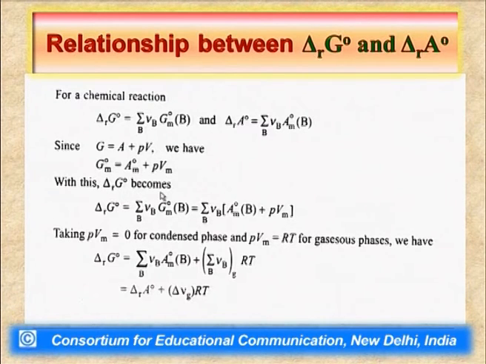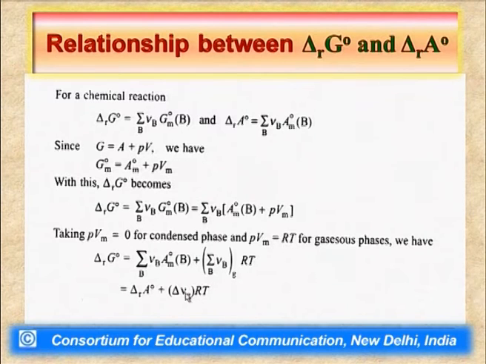Now, with this, delta R G becomes the summation of nu B G m B, and instead of G m B standard you can put A m standard B plus PV m. Now, instead of PV m you can put RT, because for 1 mole of an ideal gas PV m equals RT. When you put in RT there, since R is constant and temperature will not vary, you can take it outside.